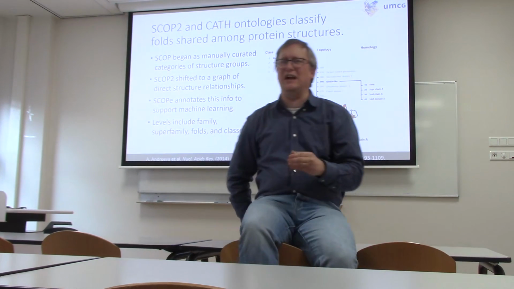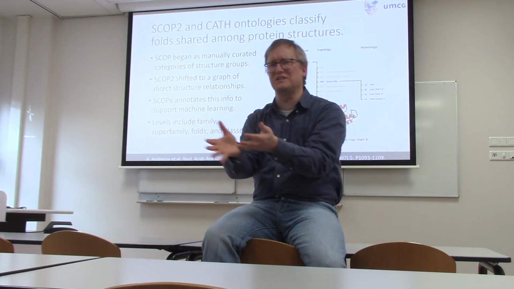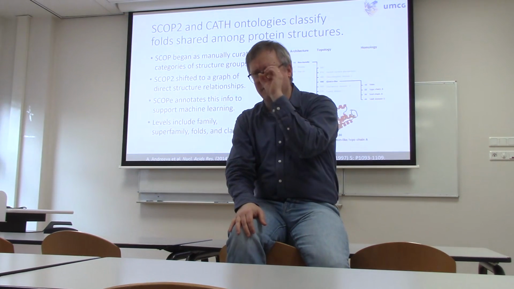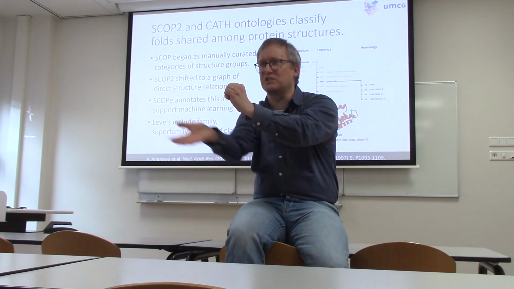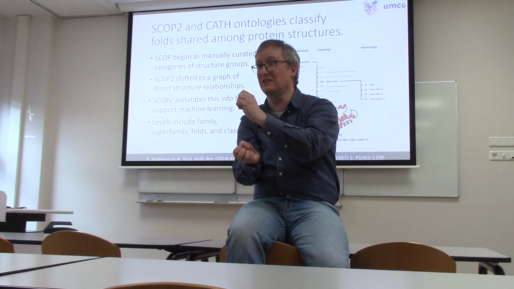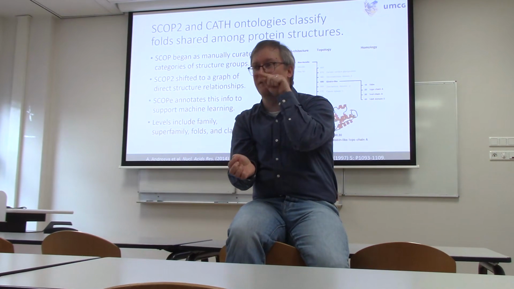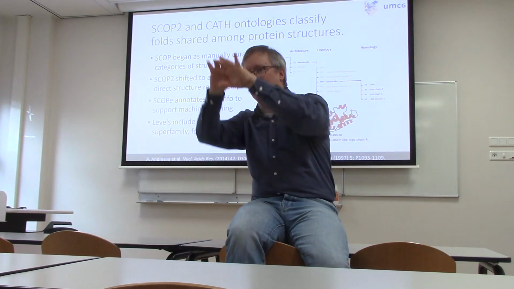So what you see coming out of this is no longer that you go looking for the beta barrel box. You instead say, I have this structure in which I'm interested. What other structures are most similar to it? What you have is a graph that comes out of this. Do you see what I'm talking about? For each structure, I can now say what other structure is most similar to that.